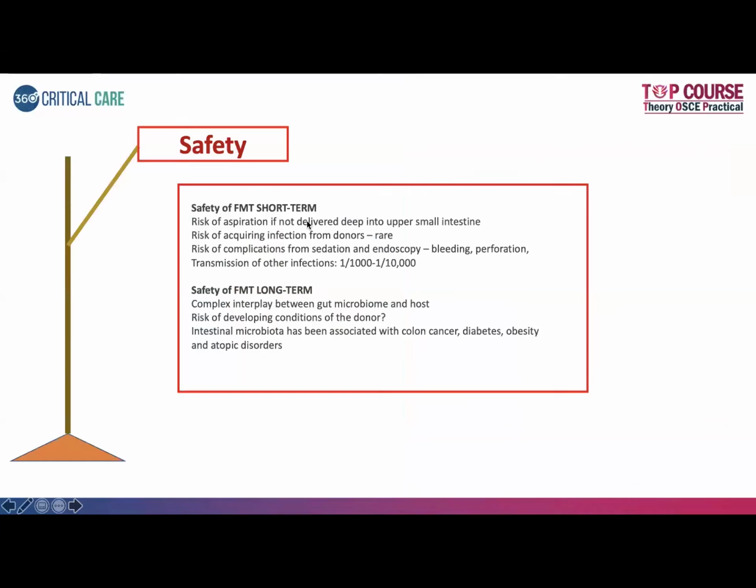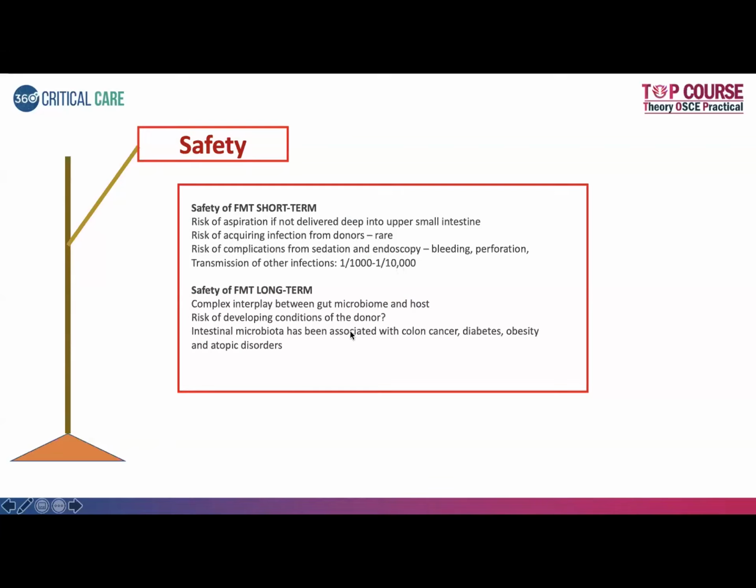When we look into the safety and efficacy, on the short term basis there is a risk of aspiration, if not delivered deep into the small intestine. There is a risk of acquiring infection from the donors, but if adequately screened, the risk of infections is rare. Procedure related complications, bleeding, perforation, and transmission of other infections other than whatever is screened, is less than 1 in 1,000 to 1 in 10,000.